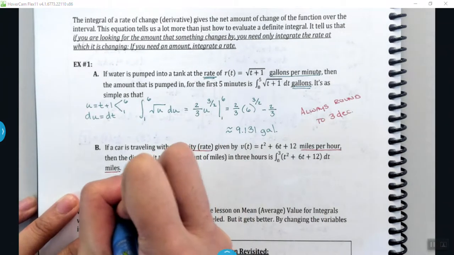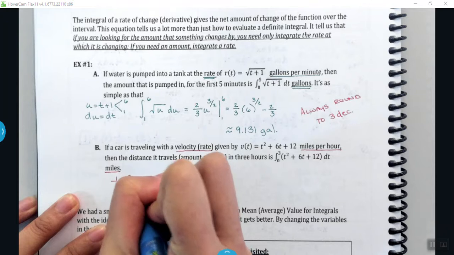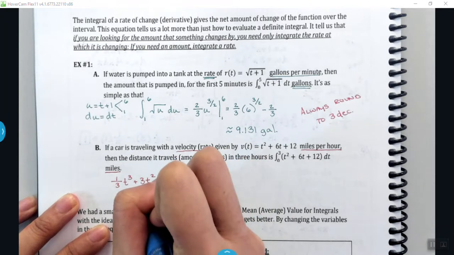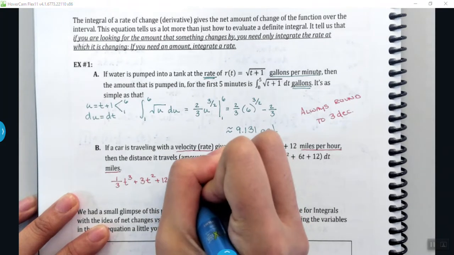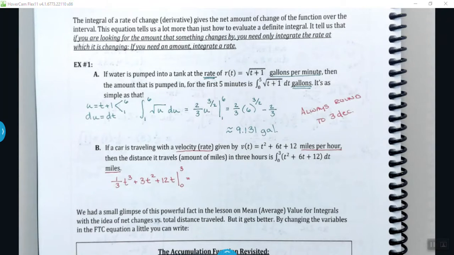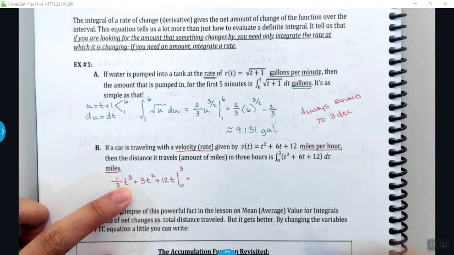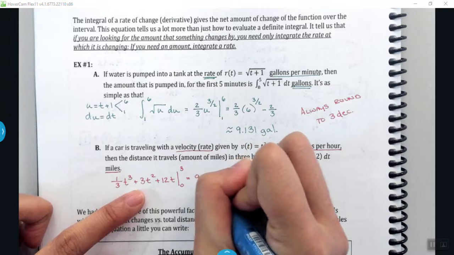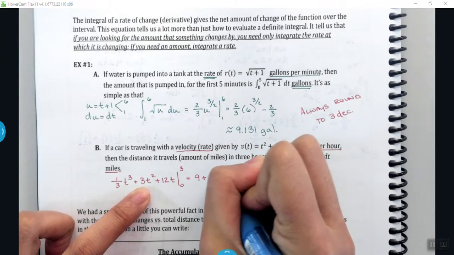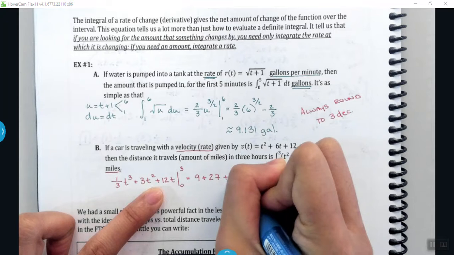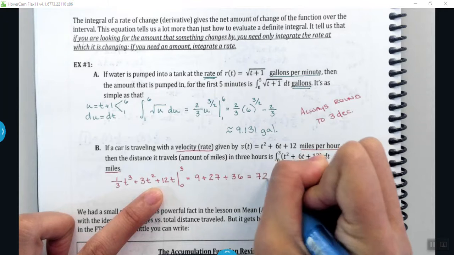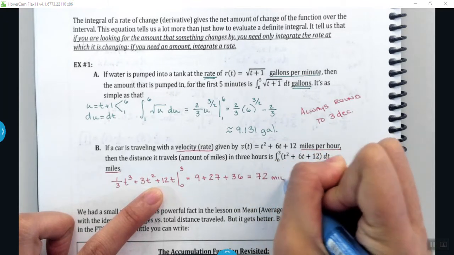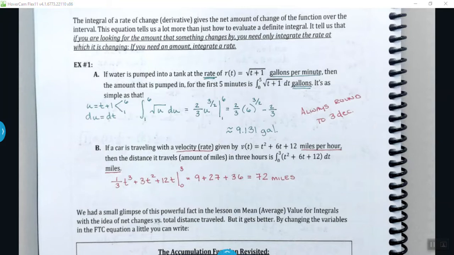If we integrate that, that would be 1/3 t cubed plus 3t squared plus 12t, and then we plug in 0 and 3, and we get 27 over 3 is 9, plus 27, plus 36, which is 72 miles. Okay? Got it? Easy?